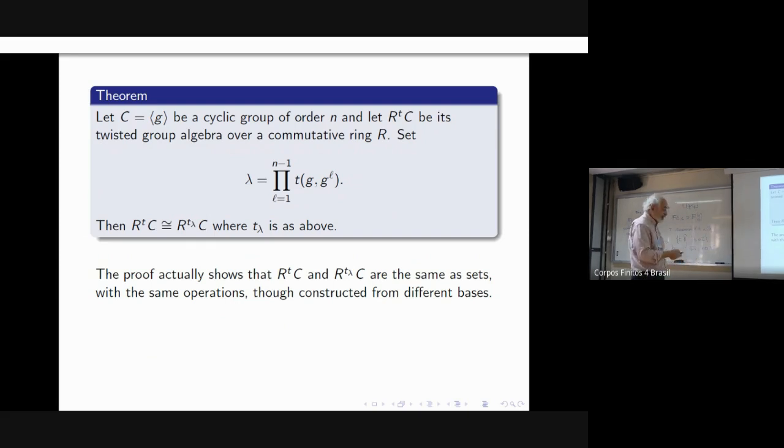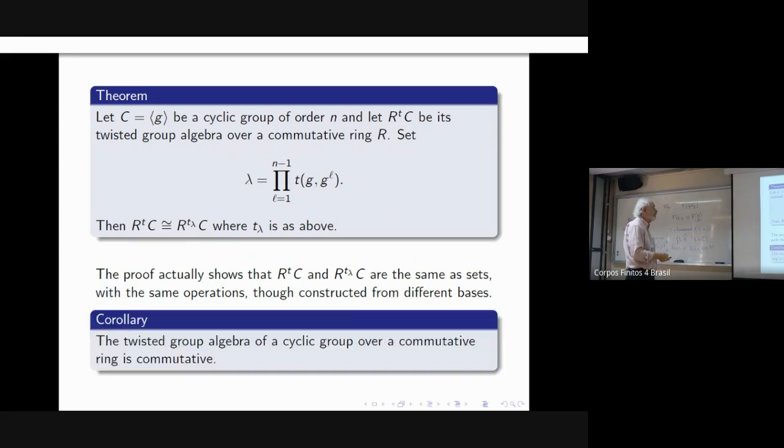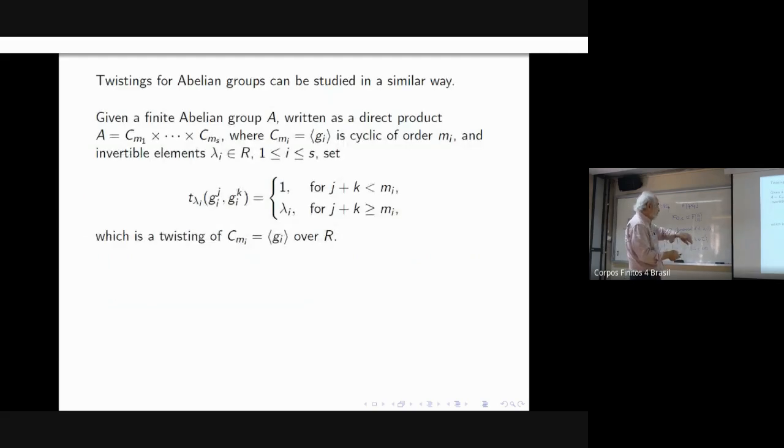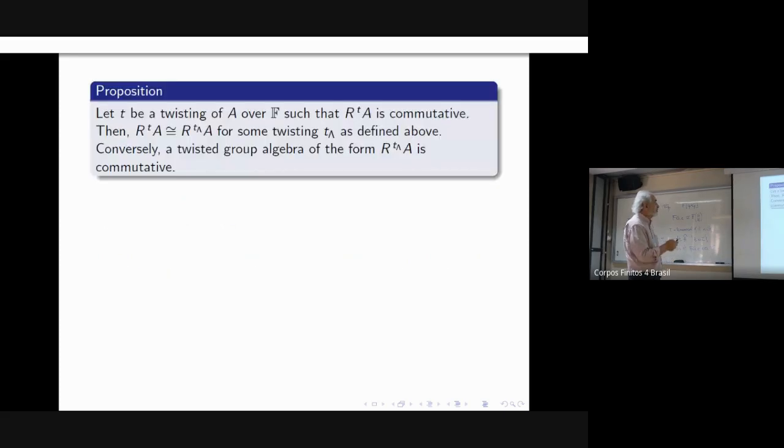But the fact that this is the same thing, the same set with the same operations, allows you to work always with a twisted group algebra that looks like this. And then we'll prove these, and there are some results that I will pass by. This is not so important.